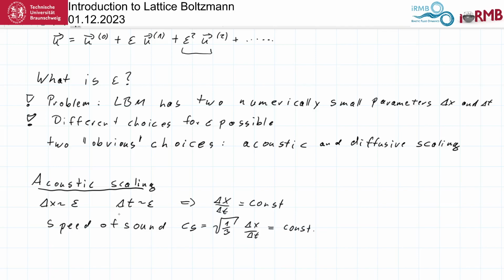Okay, which means that the speed of sound is invariant under scaling. The speed of sound is invariant under scaling, and this is why this is called acoustic scaling.